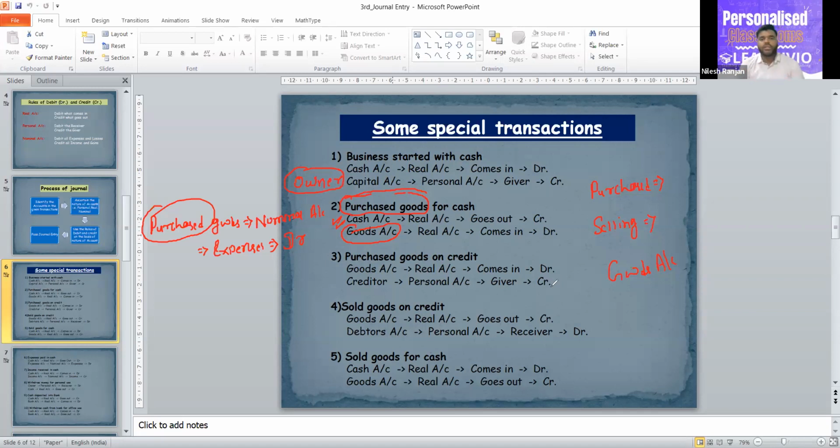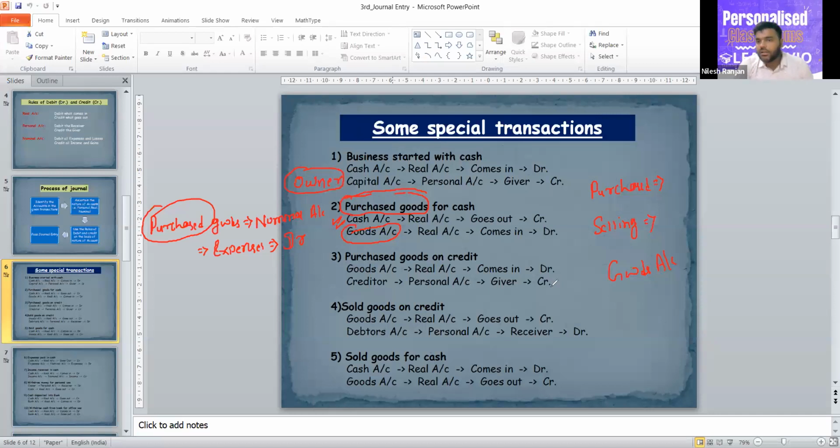So debtors account is a personal account and he is the receiver for these items. That's why his name will be debited. Is this clear? Yes, sir. We will understand many more transactions, so that you have a basic concept of these three rules.